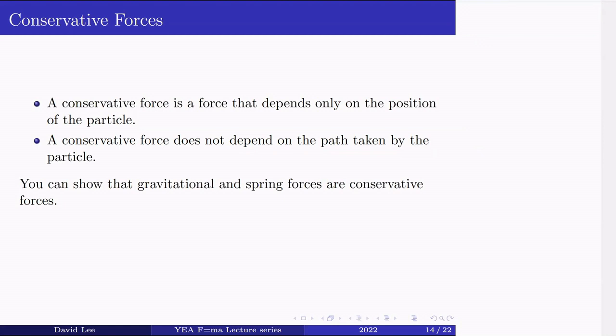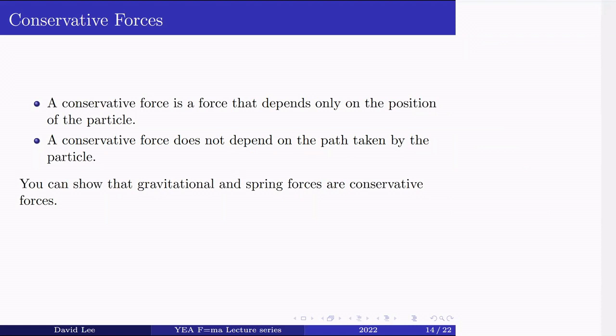And they also do not depend on the path taken by the particle. So I guess what this is trying to say is the work done by any conservative force is not going to depend on the path that a particle takes. It's only going to depend on the initial and the final location.